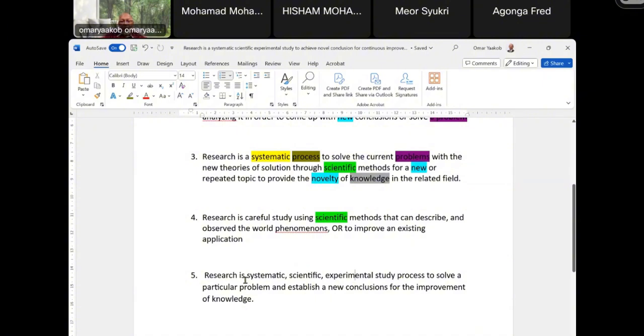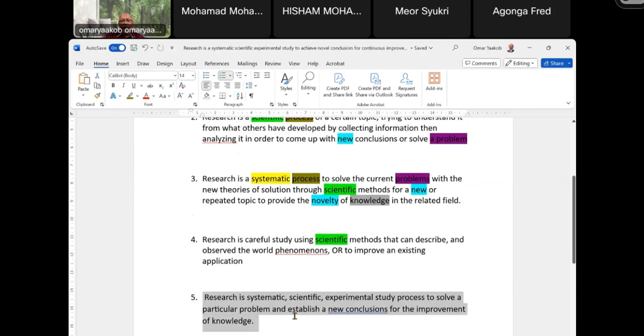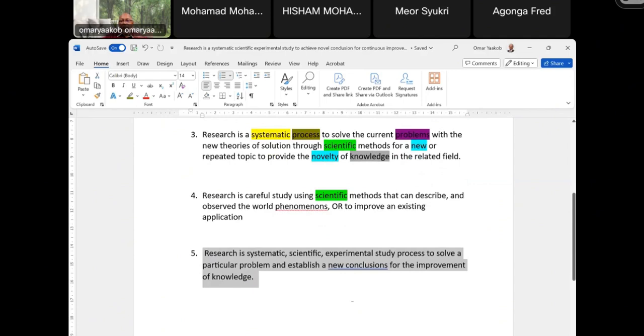Anybody want to suggest anything? Editing of this one? The A in the definition shouldn't be there. It is to establish new conclusions for further improvement and knowledge, not of knowledge. Improvement of knowledge, is that right?